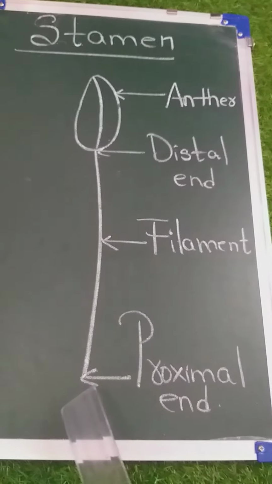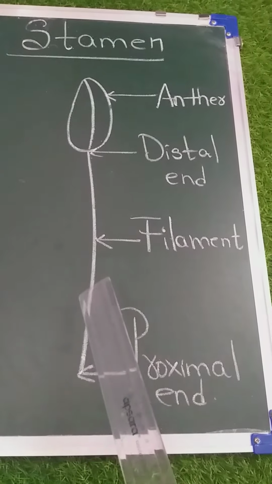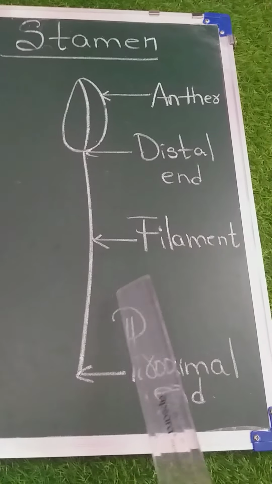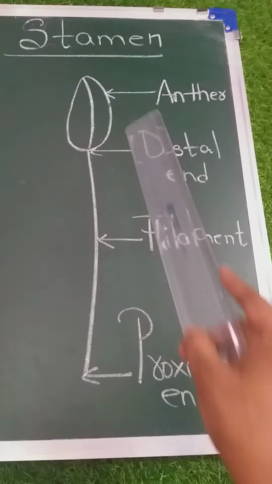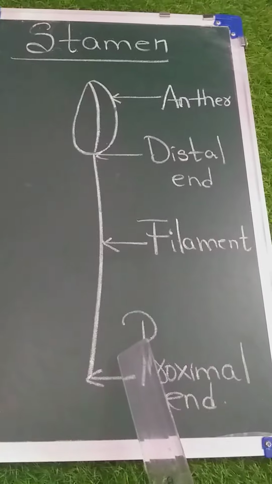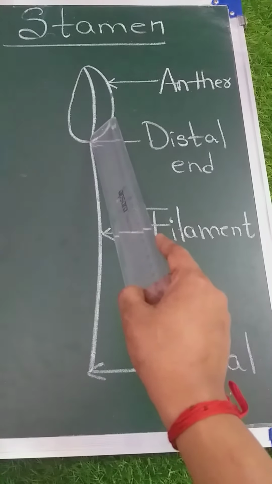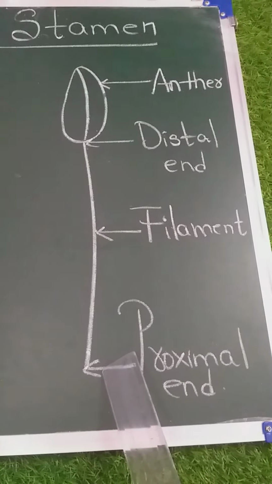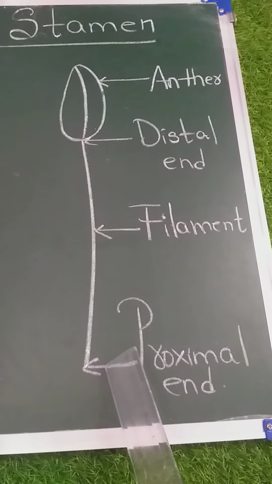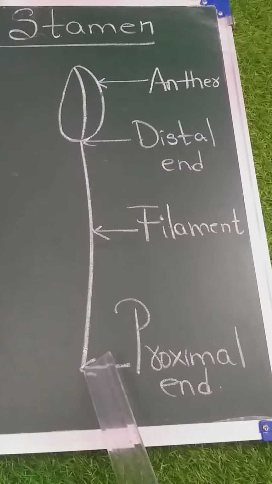The filament is a long, slender, thread-like structure which possesses a distal end and a proximal end. The distal end of the filament is attached to the anther, whereas the proximal end of the filament is either attached to a thalamus or petal.